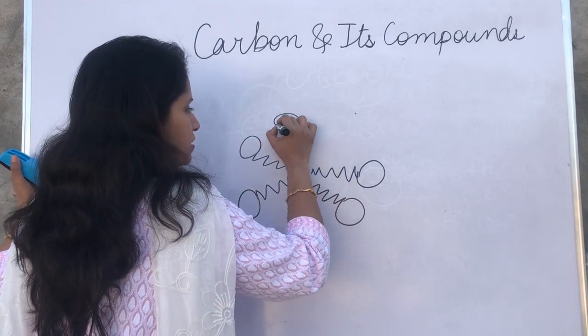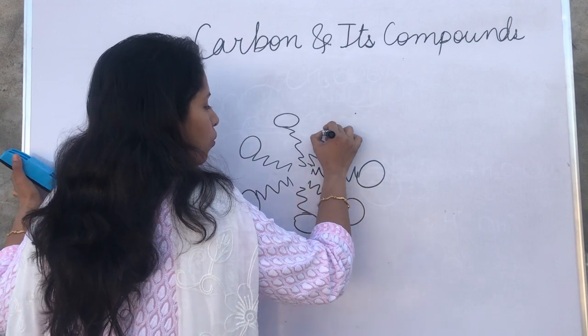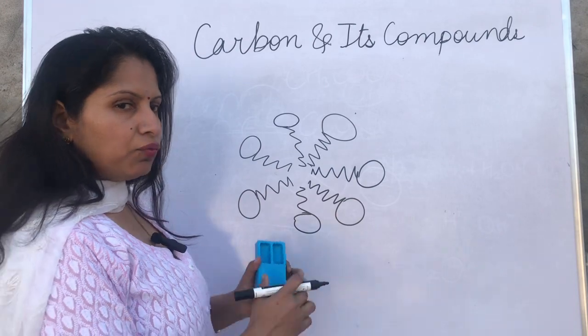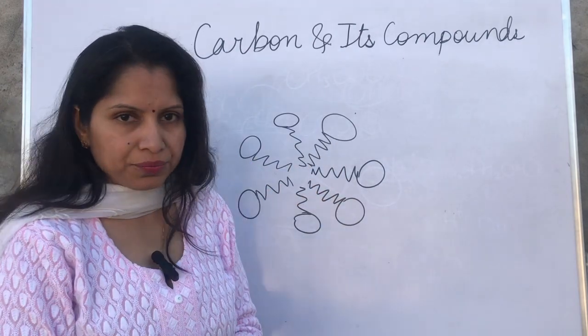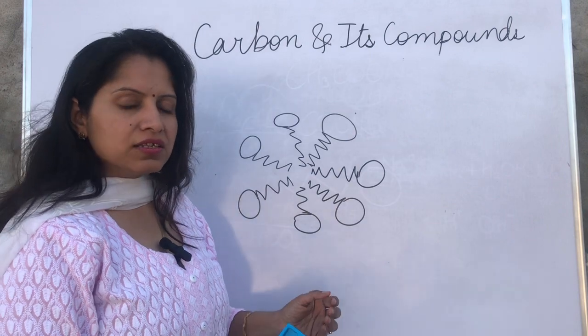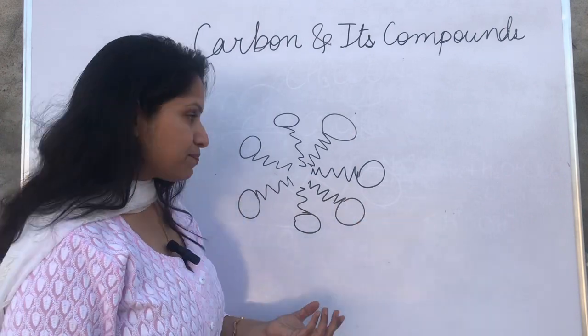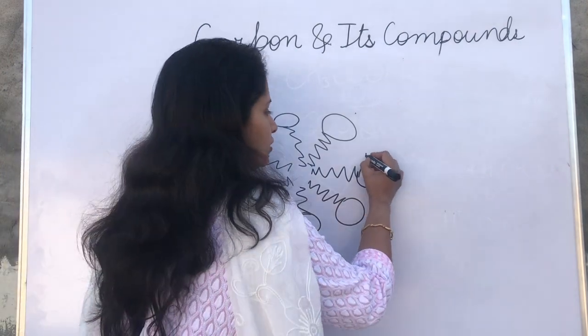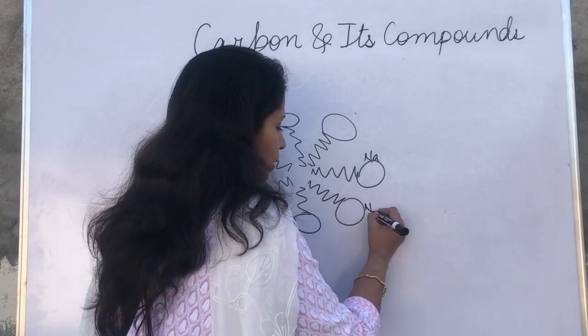So they arrange themselves in such a way that all the hydrophobic part tries to remain away from water by getting aggregated together. Such a structure is known as a micelle, and that is formed by soap molecules. Soap molecules arrange themselves in such a way. This is all the sodium part, the hydrophilic part.